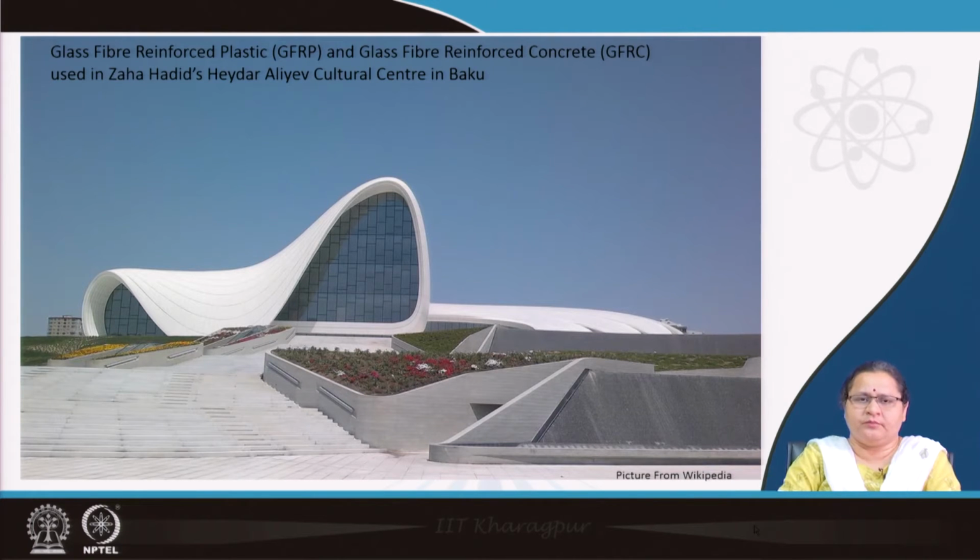You all may have seen it or will study it in your courses. You will know architect Zaha Hadid. So, this particular shape structure was possible because of the composite material of GFRP and GFRC.